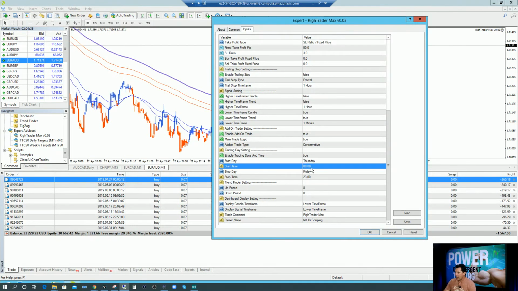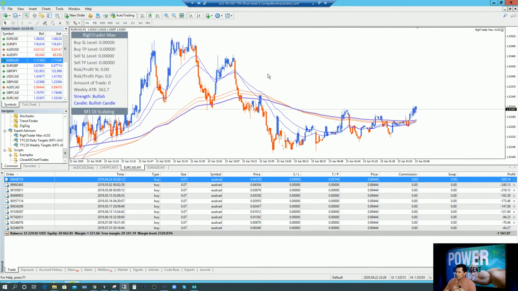So I'm going to set it for 8 o'clock on Thursday, which is, by the way, 2 o'clock. Hold on, that's 1 o'clock. It should be set to 9, my bad. I actually got to change this. 9 o'clock will be 2 o'clock in the morning, because it's 7 hours ahead of broker time. Alright, so it's 9 o'clock. I'm going to go ahead and set it to 9 o'clock. And that means I've got to change this also to 9 o'clock. I just remembered that now.